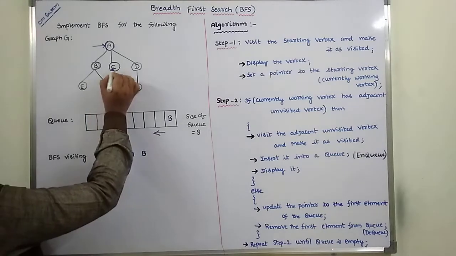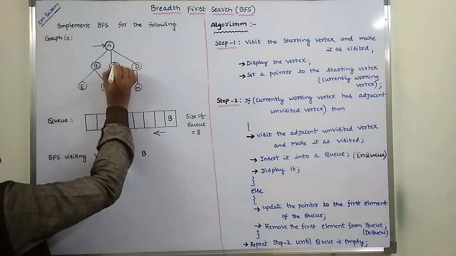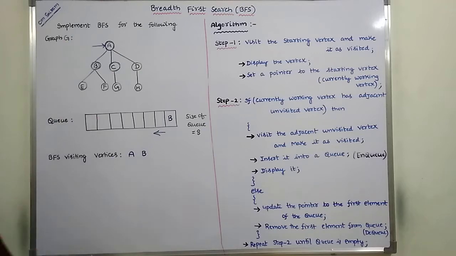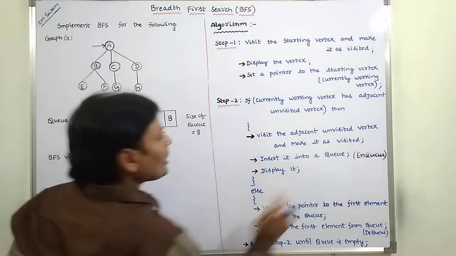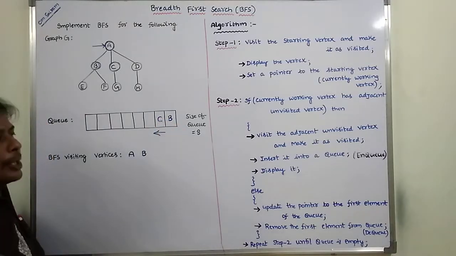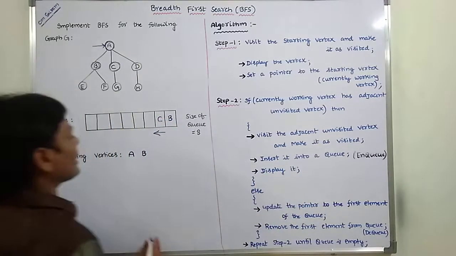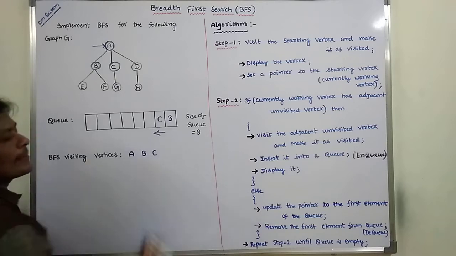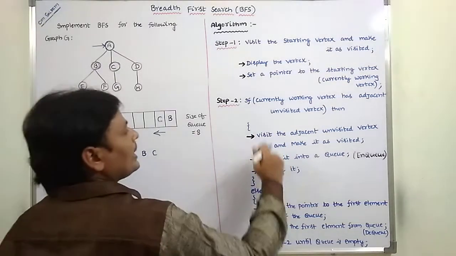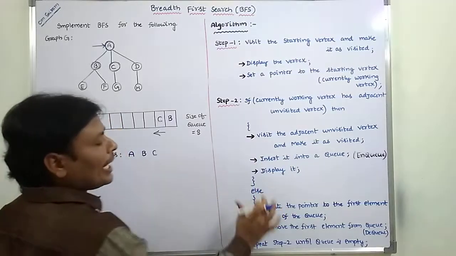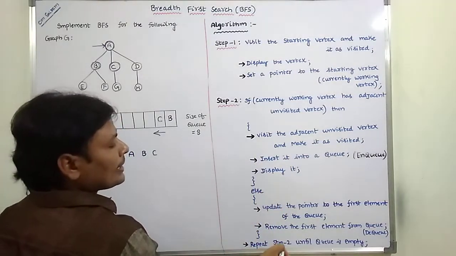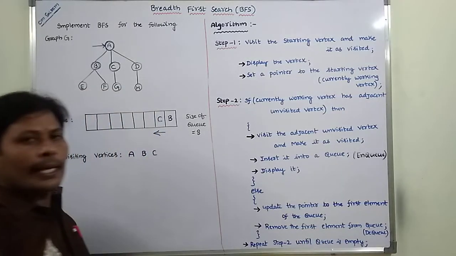Among the two vertices C and D, C is visited. Insert it into the Q. So C is inserted into the Q. Next, display it. Now we display the vertex C. Since this condition is true, there is no need to go to the else block. After that, repeat step 2 until Q is empty.